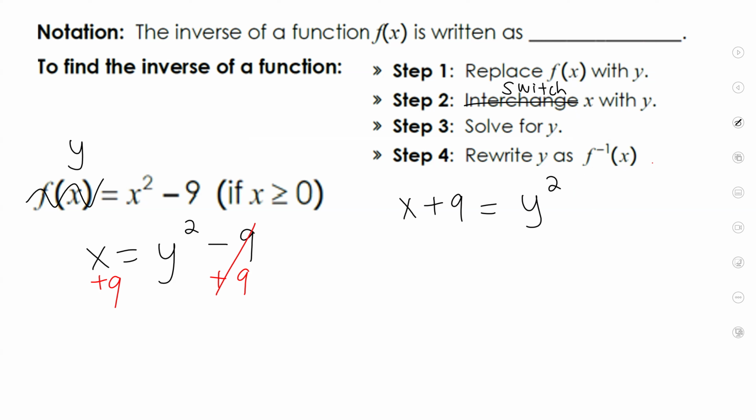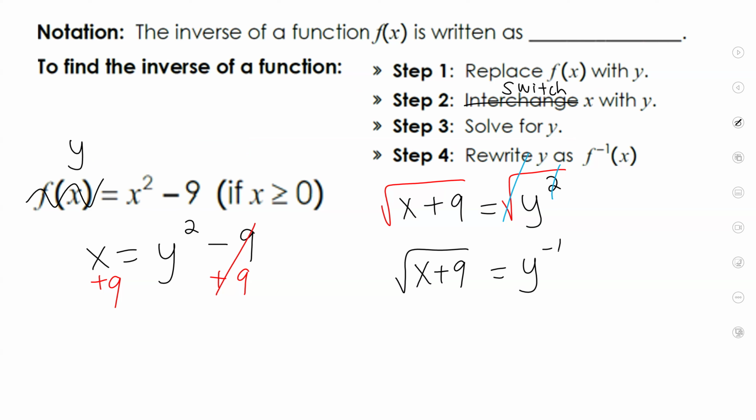Do you guys know how to get rid of a squared? Good. We're going to square root both sides. A square root cancels out with the squared. So we have the square root of x plus 9 equals y. And remember, we have to write the notation for inverse, okay?